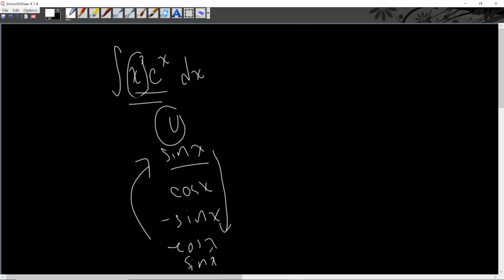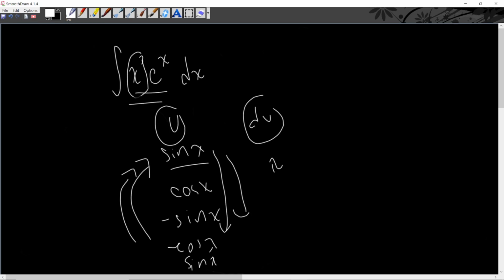U will never reach 0. And dv, if you continue integrating this, will also never reach 0. Unless you have a u or a v that reaches 0, this might be fine, but there are certain examples where tabular integration doesn't work as well.